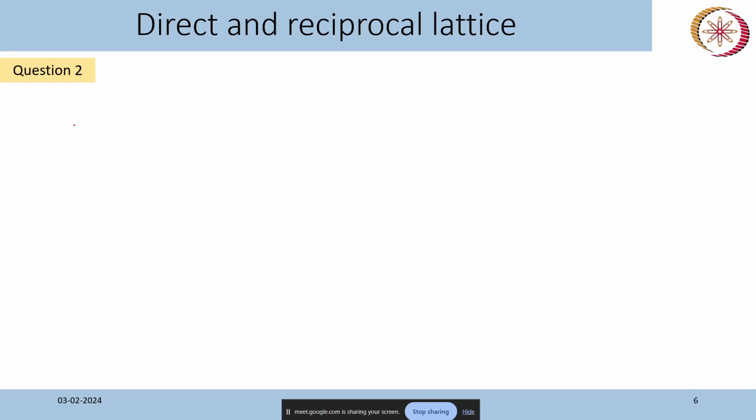So this is an FCC lattice. Eight corner atoms.